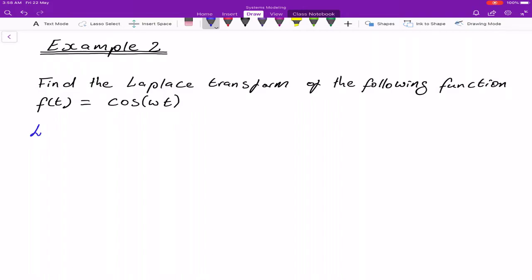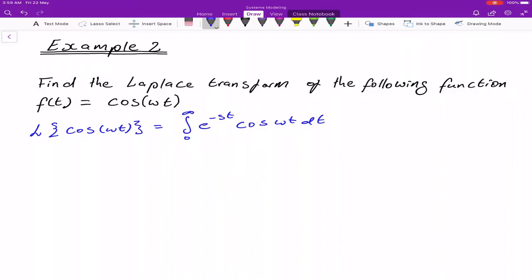So let's write down. We want to look at the Laplace of cosine omega t, which is equal to integrating between 0 to infinity e to the minus st times our function cosine omega t dt.